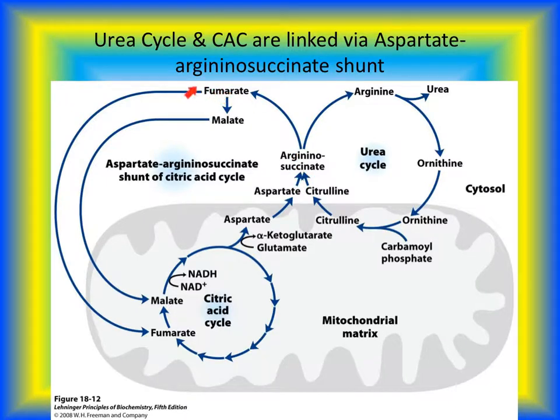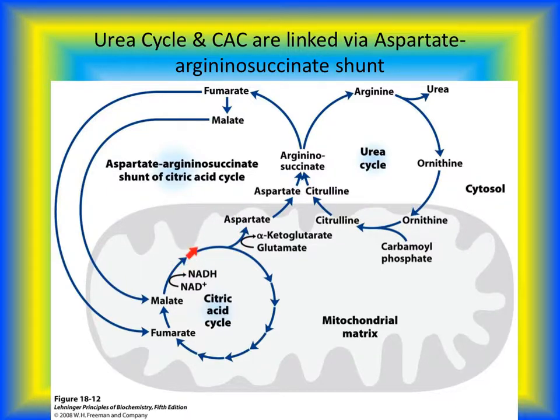Argininosuccinate makes fumarate, which can then enter the citric acid cycle. As a part of the citric acid cycle, it can form malate, and malate can go in and out as well. Malate can be part of the citric acid cycle, or malate can also help feed into this if need be, which it doesn't here.